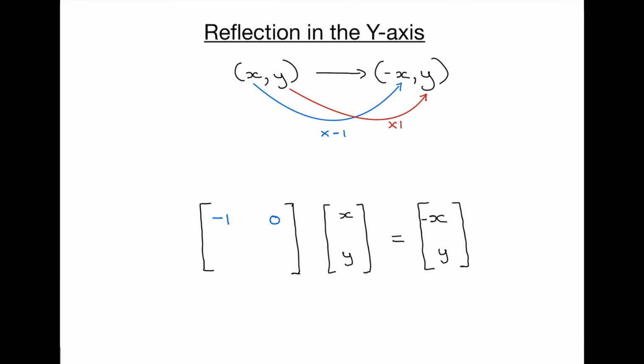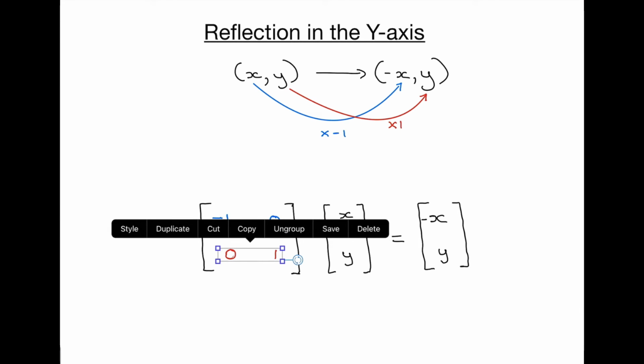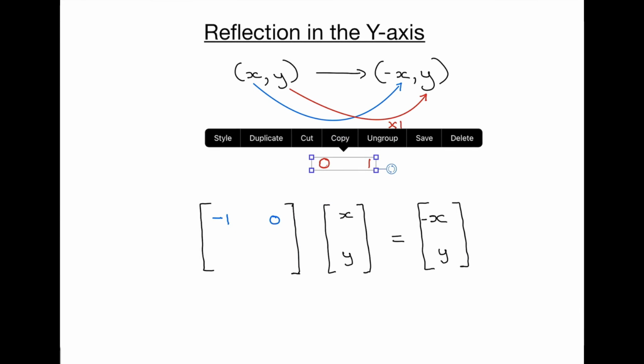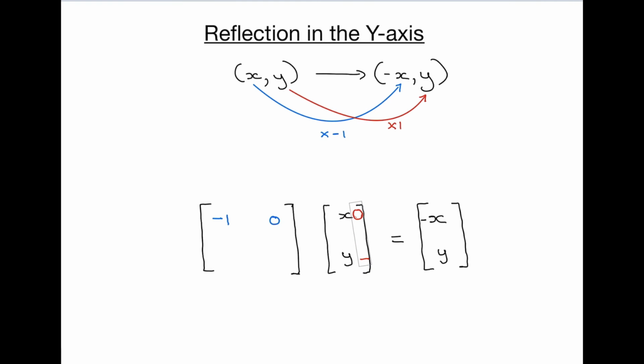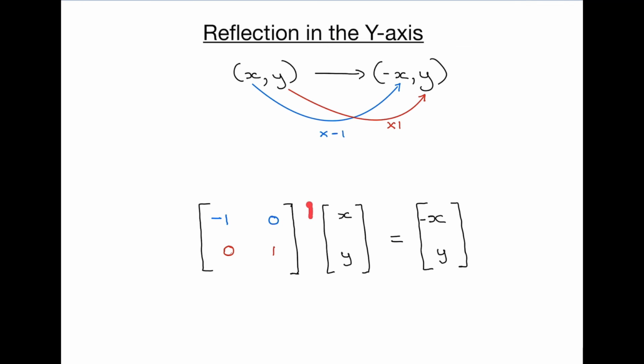And if we now place 0, 1 in the second row of our matrix and we multiply once again, we have 0 times x plus 1 times y, which gives us our second entry here. And so we have the transformation matrix required for reflection in the y-axis.